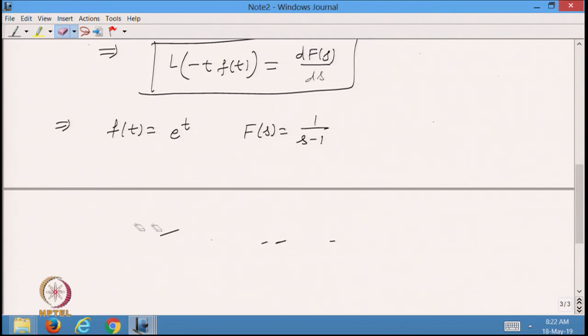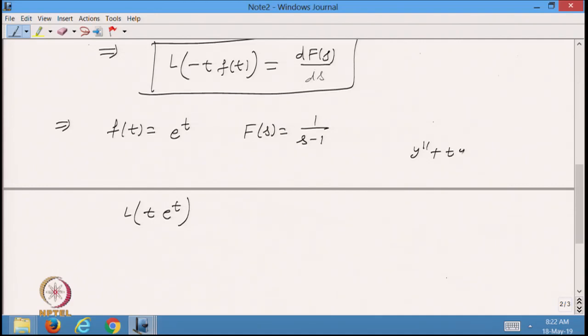Now, I want to find the Laplace transformation of t e raised to power t. I do not know any formula related to a function multiplied by t. As I told you, we are going to solve differential equations, and in a differential equation the coefficient can be a constant or a function of t.